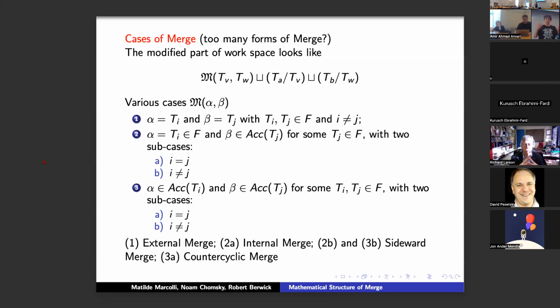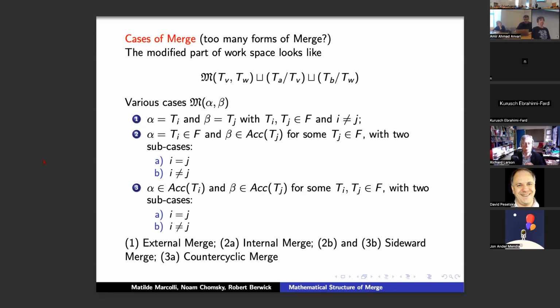But, in principle, the way I constructed this also allows for other possibilities. For example, one could be an entire component and one could be an accessible term of another component. Or both of them could be smaller accessible terms of two different components. And these are all the cases that happen.